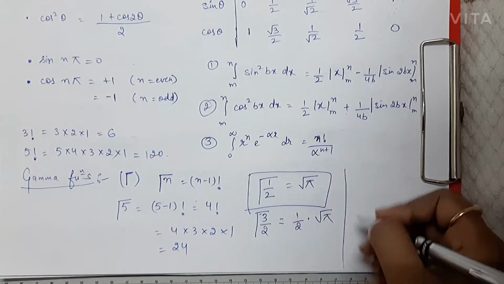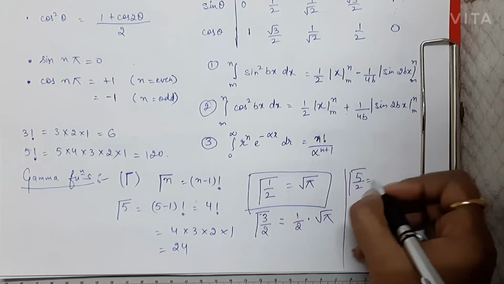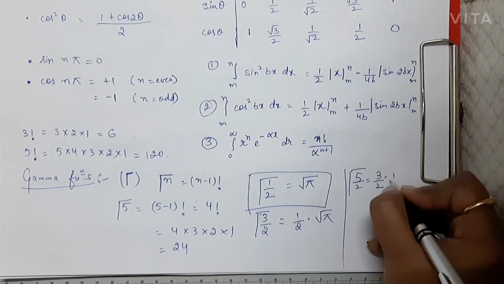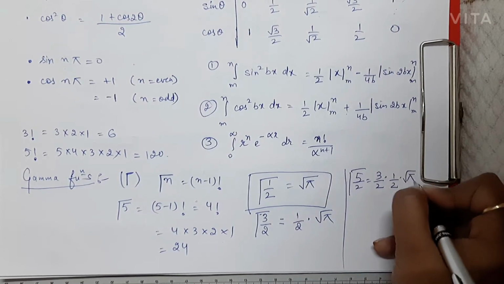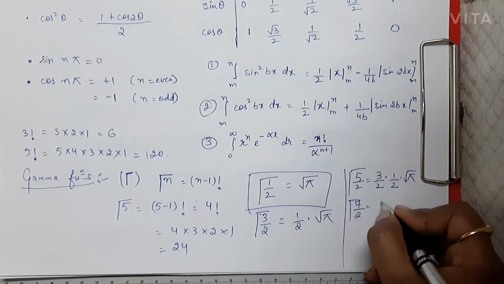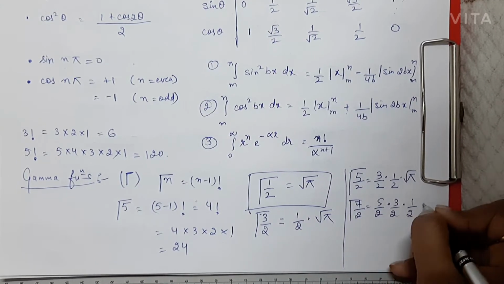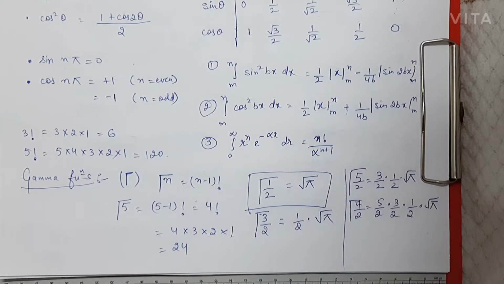Similarly, if I want to find the gamma function for 5 by 2, then it will be 3 by 2, 1 by 2, root pi. Now gamma function of 7 by 2 will be 5 by 2, 3 by 2 into 1 by 2 into root pi.